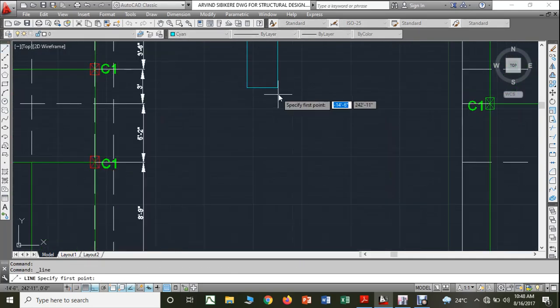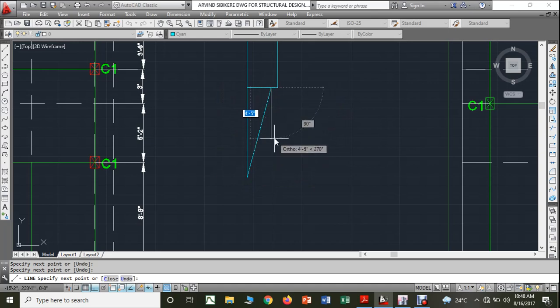If the thickness or width of the wall and the width of my beam are not uniform, then an eccentricity will come like this. You can see that. A certain portion of the beam may come either outside of the building or inside of the building. Both will create a problem.